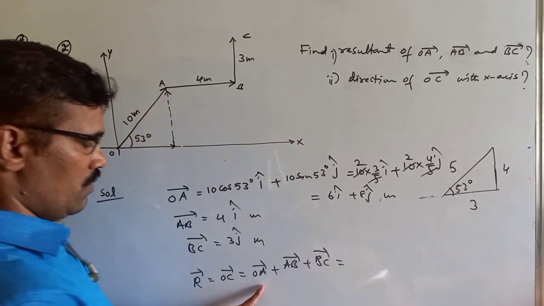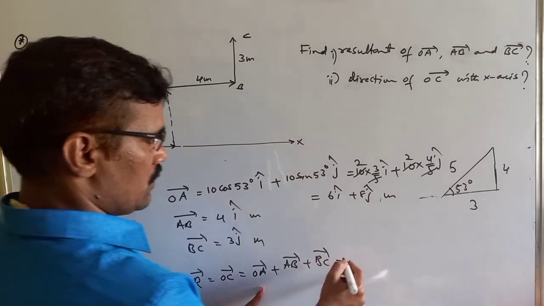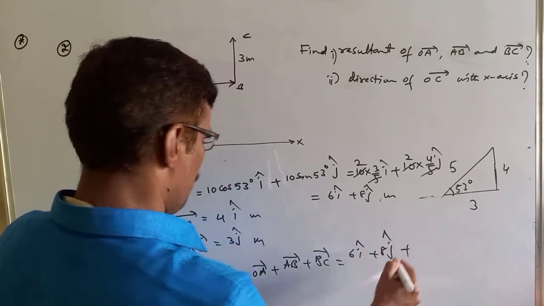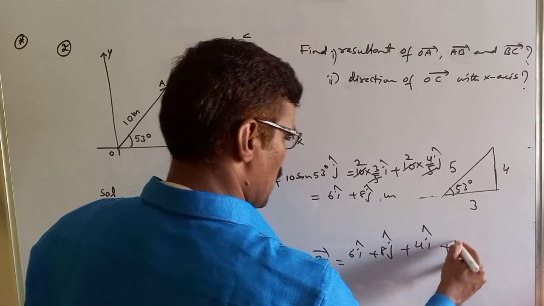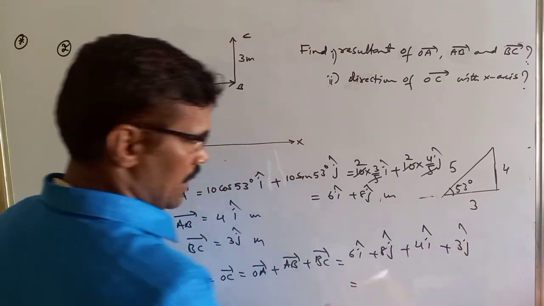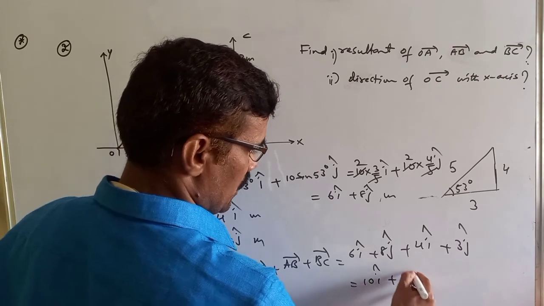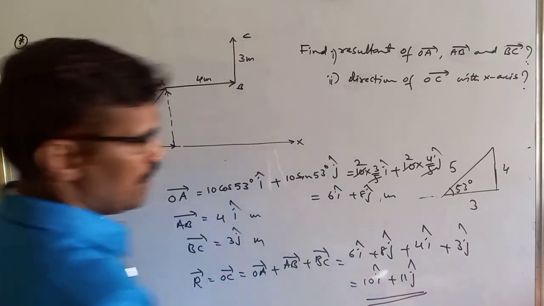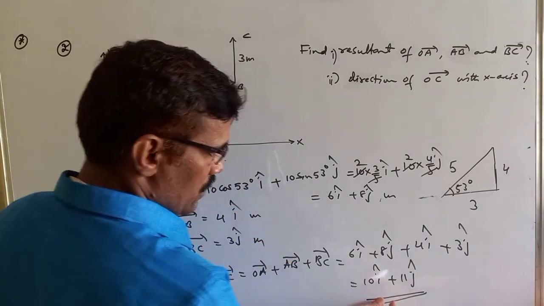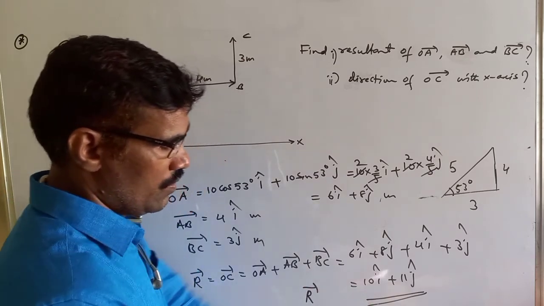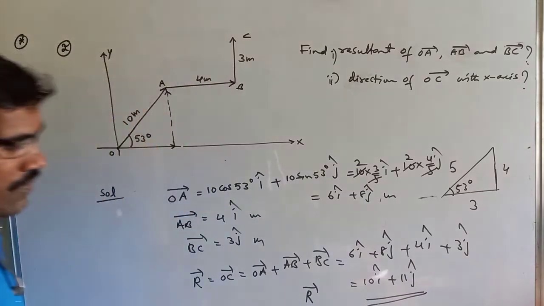Therefore OA bar is 6i plus 8j, plus the 4i plus 3j. The final answer is 10i plus 11j. So the resultant's x component is 10 and y component is 11.